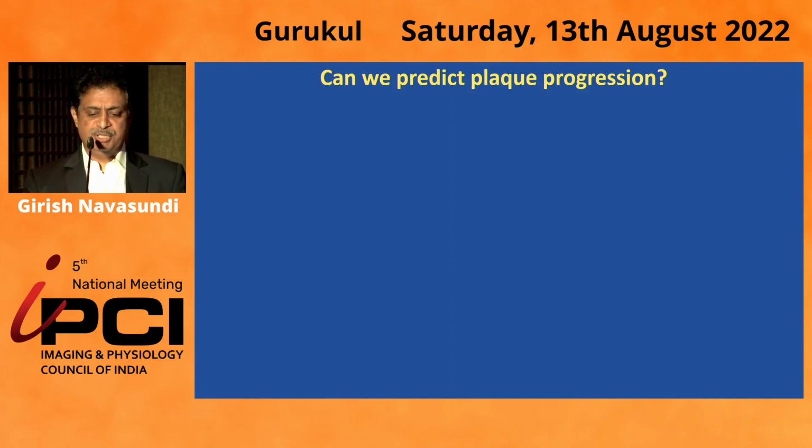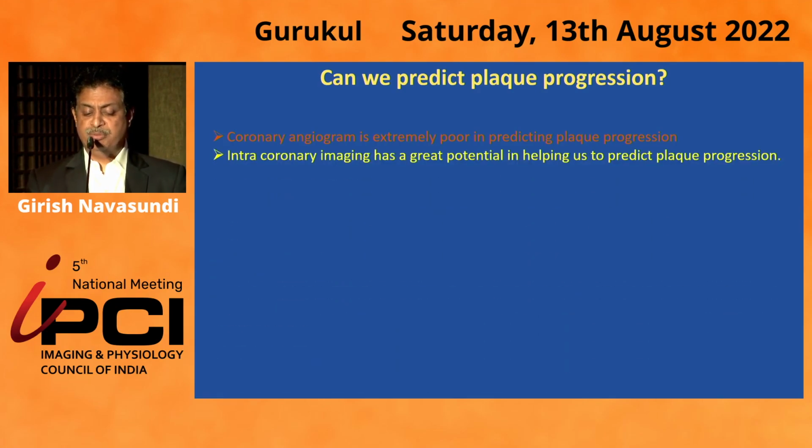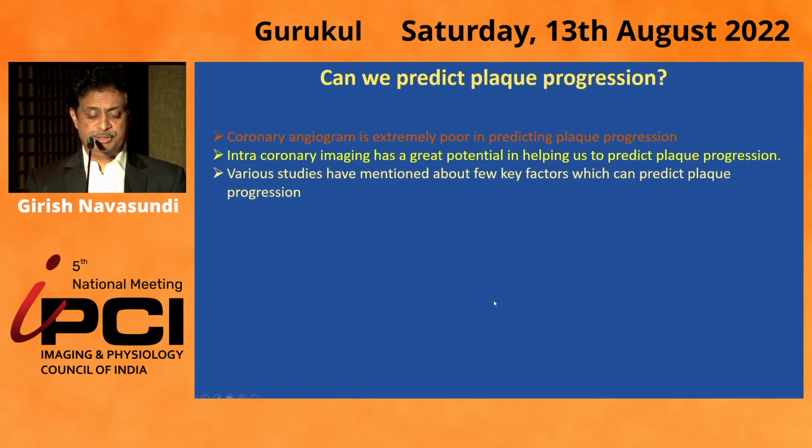So when we do imaging, can we predict plaque progression? We all know that coronary angiogram is extremely poor in predicting plaque progression. Intracoronary imaging has great potential in helping us predict plaque progression. Various studies have mentioned a few key factors, which I will enumerate.